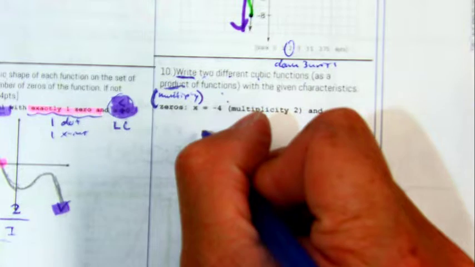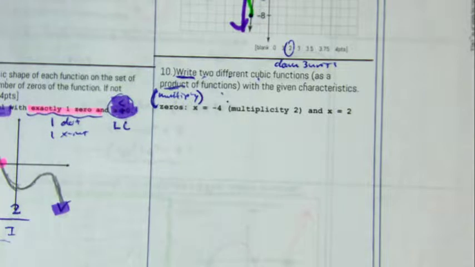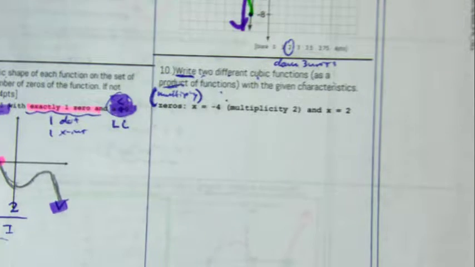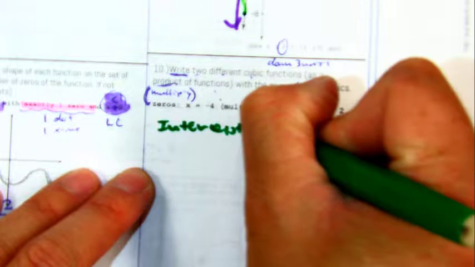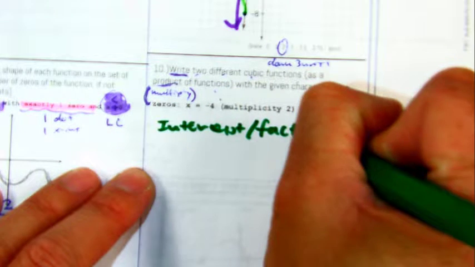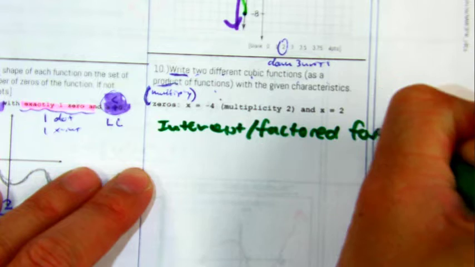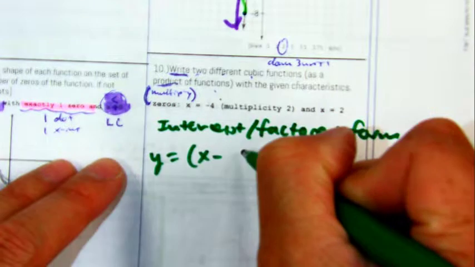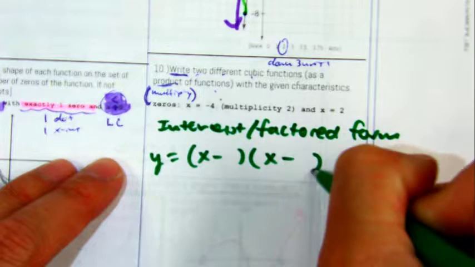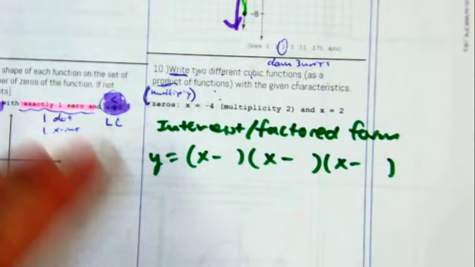Okay, so what you need is, let's see if we can do it in a super obvious colored green. They call this one intercept or factored form. And it looks something like this. Okay, you might be asking, how come I have 3 of them?